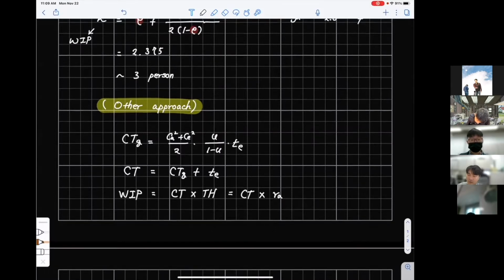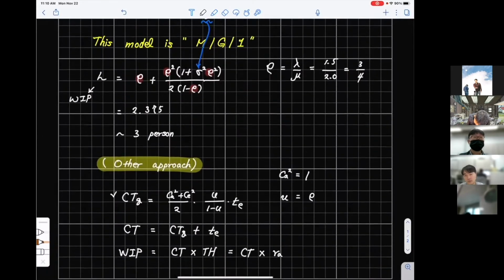In order to use this Kingman formula, we can insert the Ca squared. It means the variability coefficient is 1 because the arrival process follows a Poisson distribution. And the utilization u is the same as the rho in our calculation here.